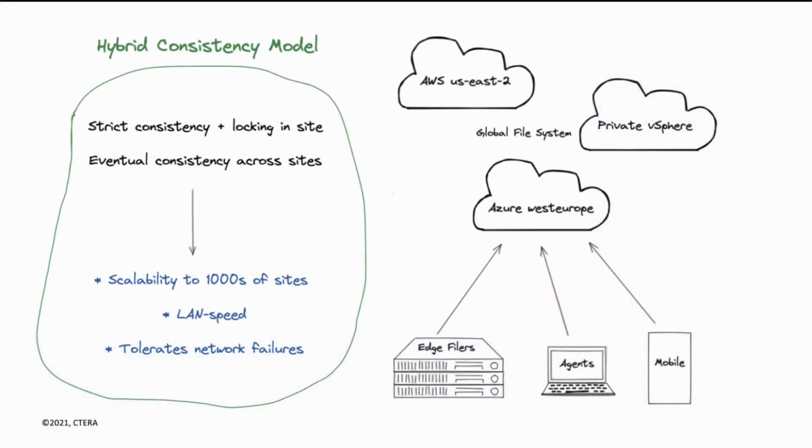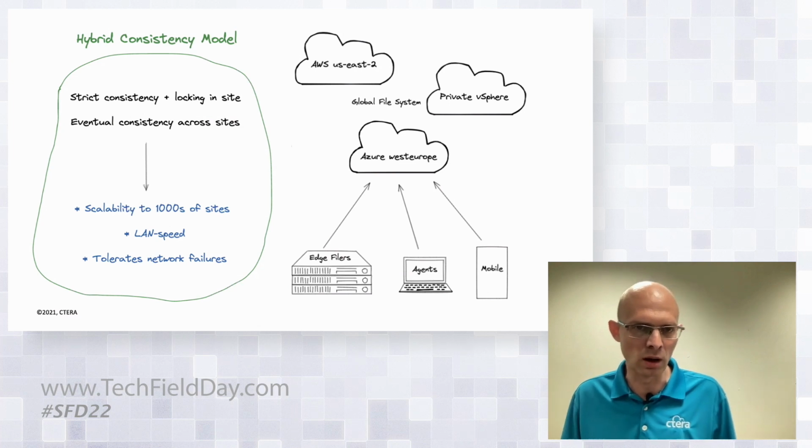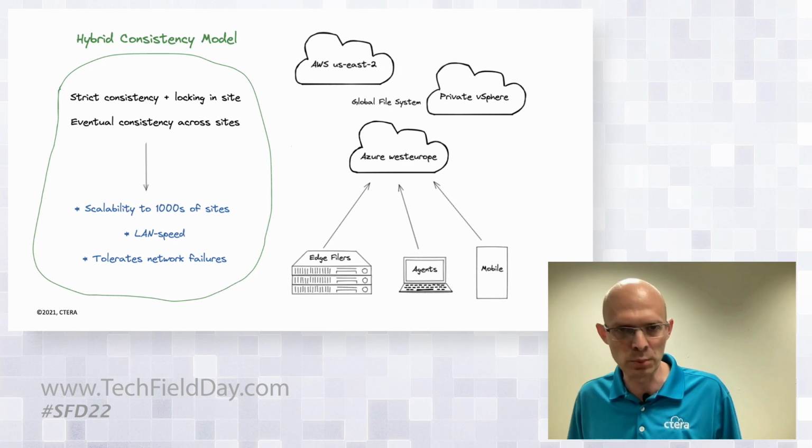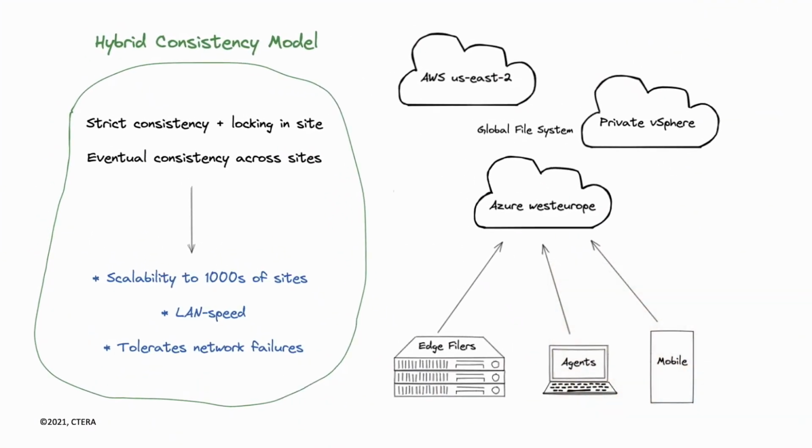I wanted to talk a bit about the consistency model, and we got this question earlier, and I wanted to discuss it. So the consistency model of the global file system is what we call the hybrid consistency model. This combines strict consistency and locking when you're in a single site.